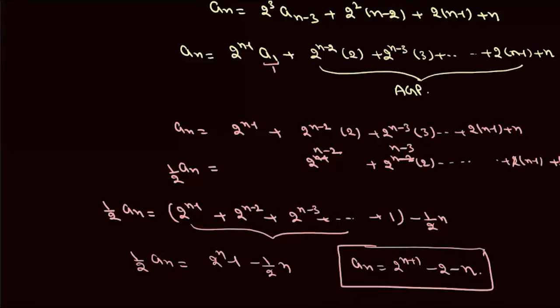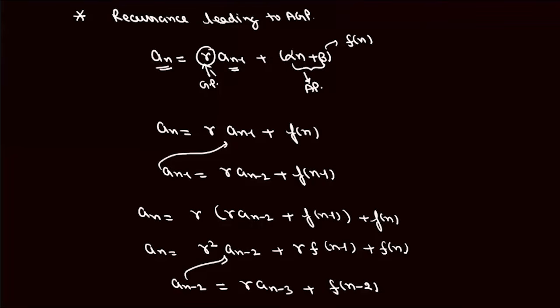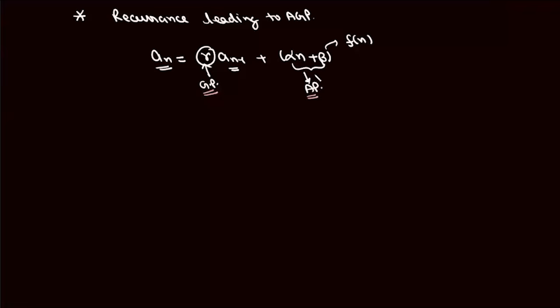So this is how we connect AGP to the recurring relation of the type an equals r an minus 1 plus alpha n plus beta, where this r will correspond to the GP and this linear part will correspond to the AP. Now generally we don't solve these questions using AGP because it takes a lot of time.